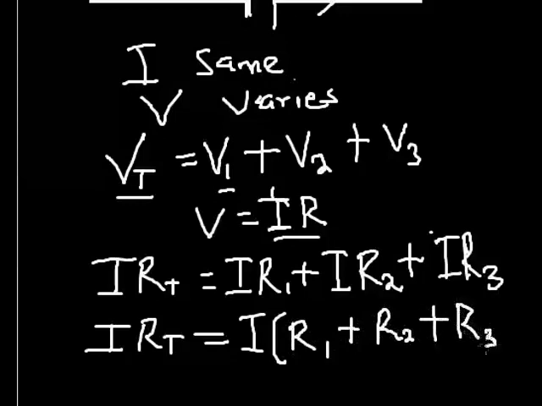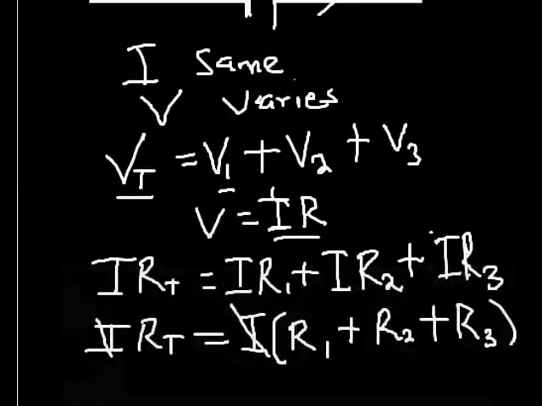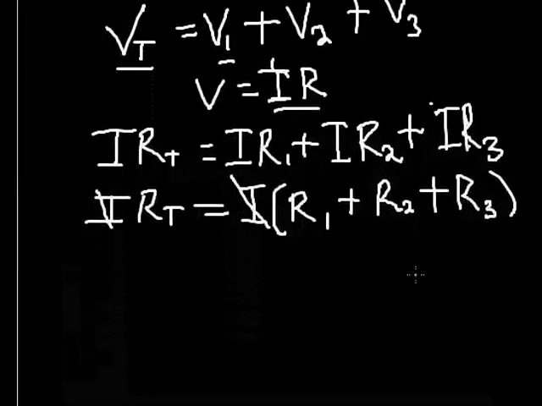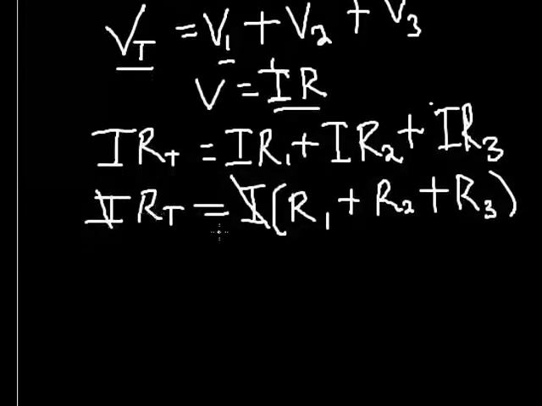Now having the same factor I on both sides of the equation, they actually cancel out. When you have the same factor on both sides of the equation, they will cancel out.